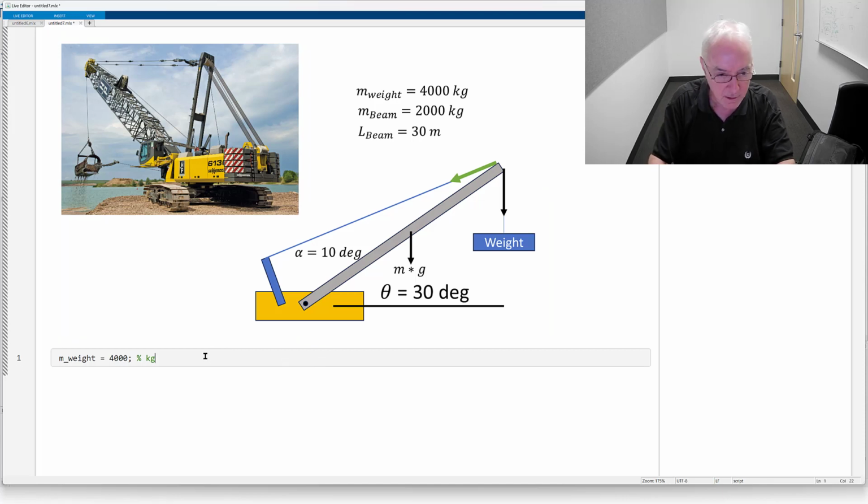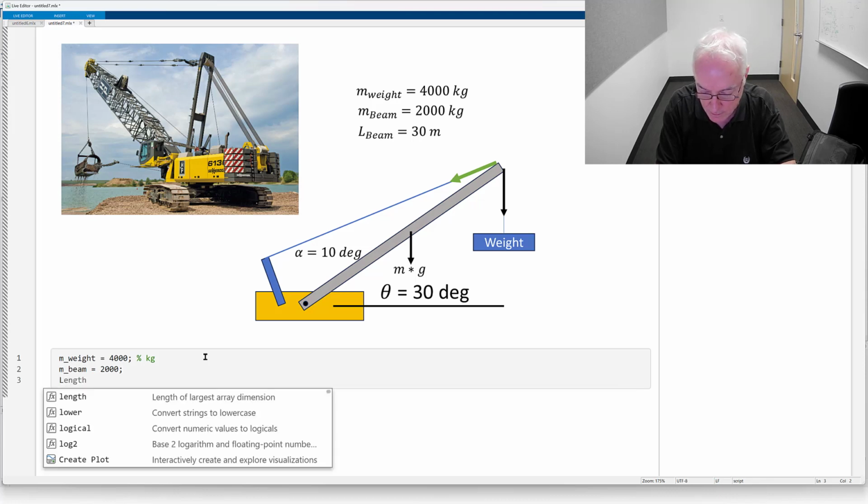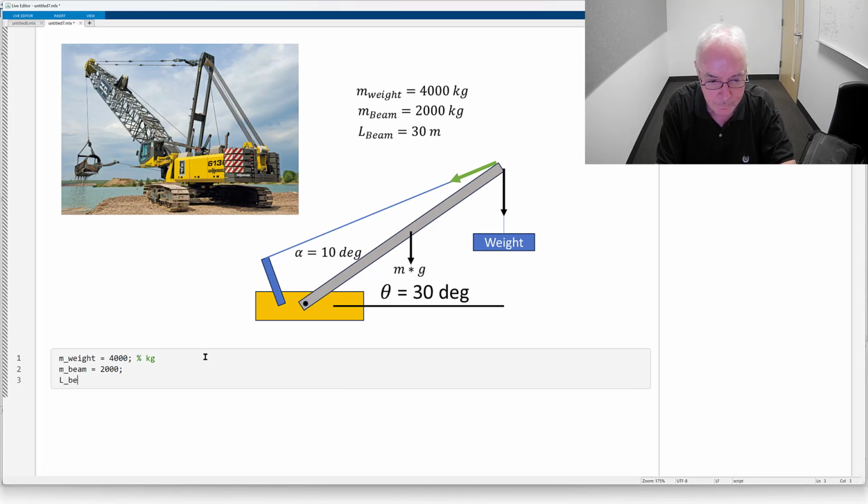So anyways, M weight, and M beam is equal to 2,000, and L beam will be equal to 30, and I'll put the units in here of meters. All right, and so let's get these two angles.